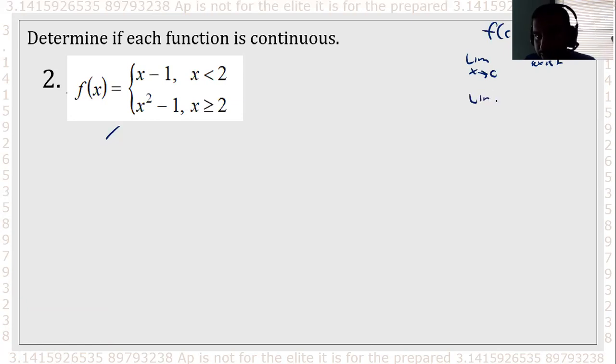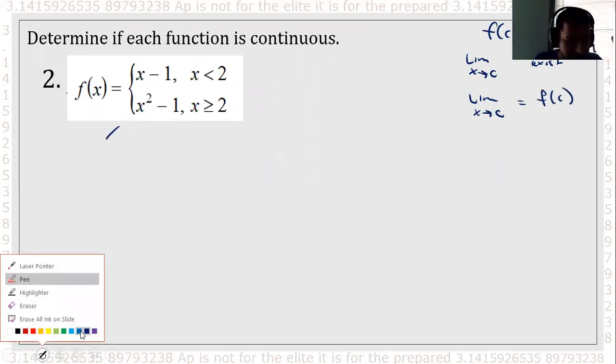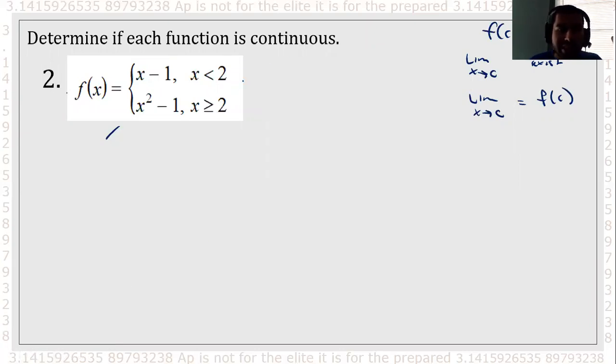And the limit as x approaches c is equal to f of c. So that's what we're going to do. Is it continuous at x equals 2? That's the question we want to know.